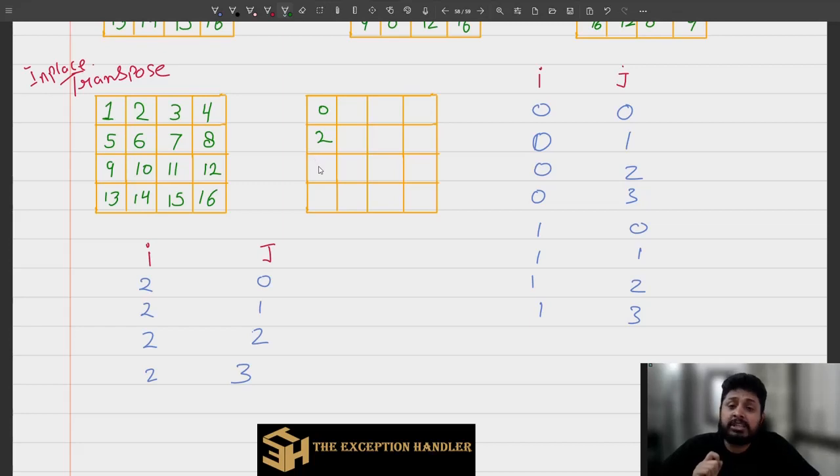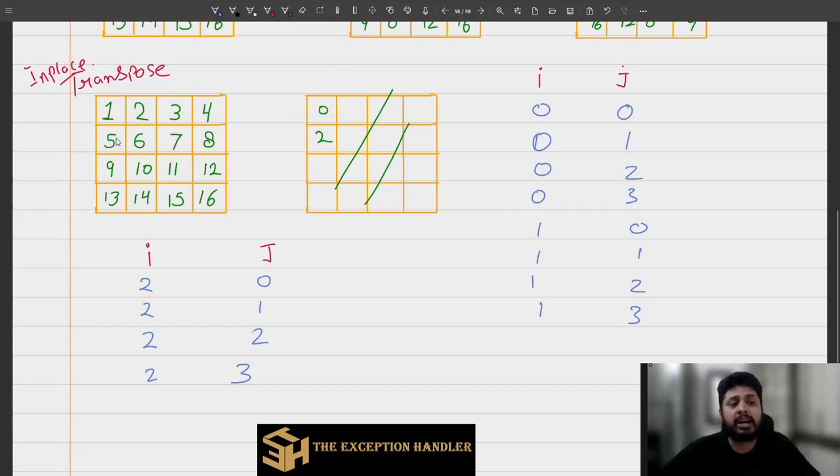Now you have to keep in mind that we are doing a swap. We can do the swapping in the original array instead of doing it in this array. We are actually swapping the elements at i comma j and j comma i, so we'll be interchanging these two elements, right? That is the basic logic.